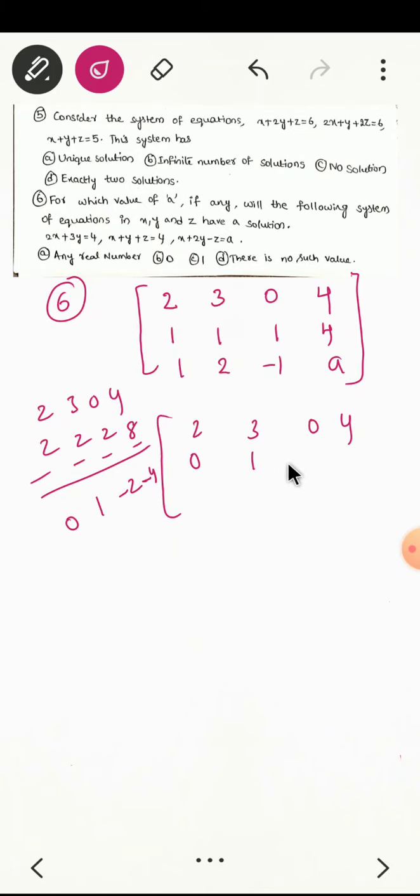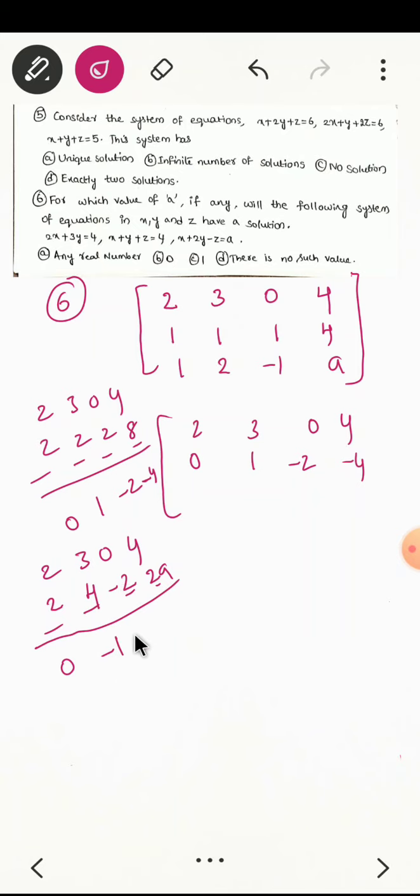So 0 1 minus 2 minus 4. Now by using 2 3 0 4 again I will do the same. 2 2s are 4, 2 2a. Minus minus minus. So 2 minus 2 is 0, 3 minus 1 is plus 2, 4, minus 2a.